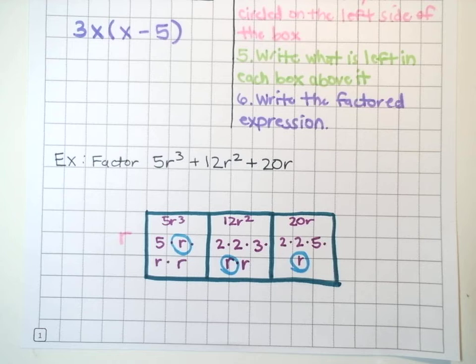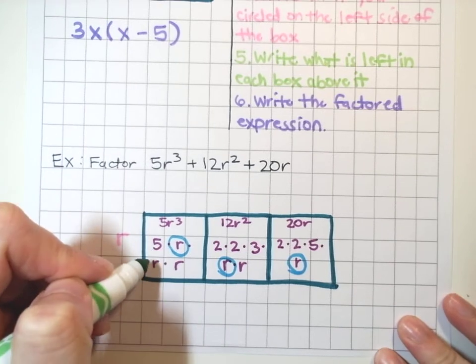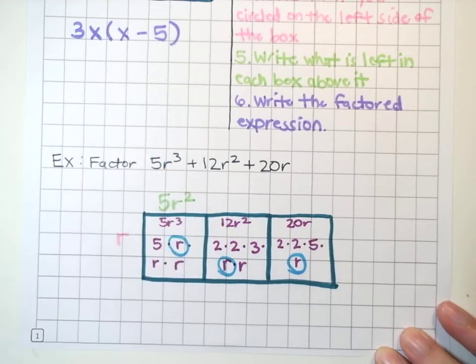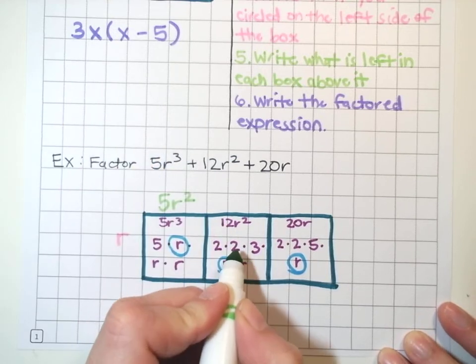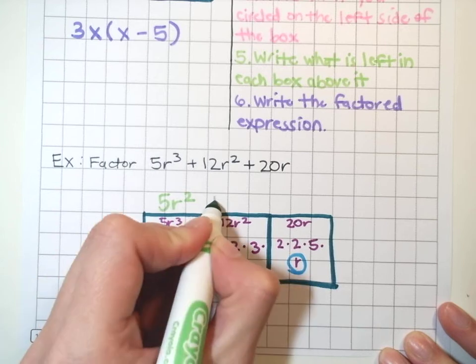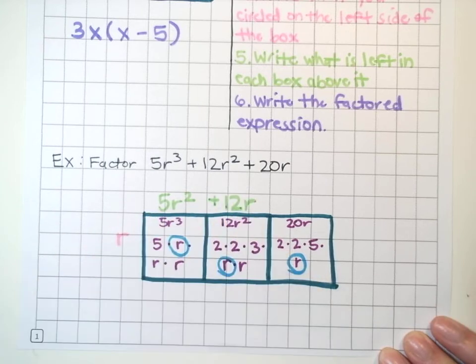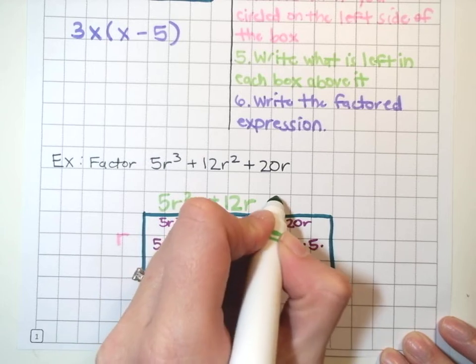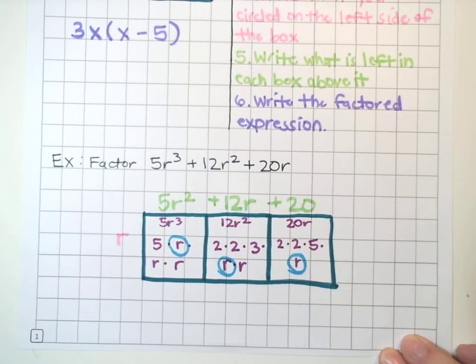So we multiply everything back together. So we have 5 times r, which is 5r squared. 2 times 2 is 4, 4 times 3 is 12, times r is positive 12r. And 2 times 2 is 4, and 4 times 5 is positive 20.